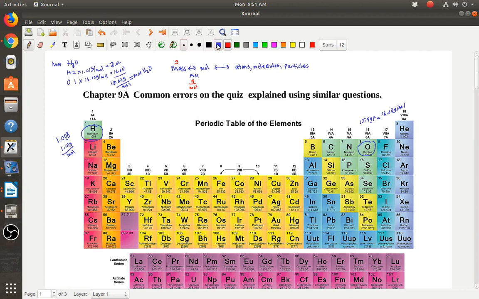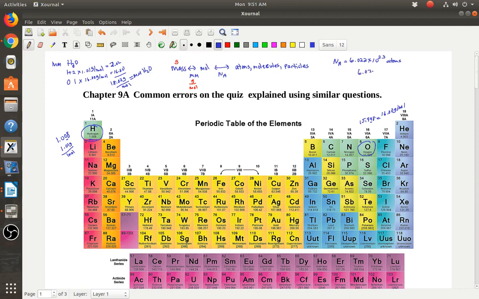Now, to go from moles to atoms, you need Avogadro's number. Avogadro's number is 6.022 times 10 to the 23rd. Then that's going to be atoms or molecules or particles or anything like that. So the conversion factor using Avogadro's number, and this N_A is the abbreviation. It is not the number. It just stands for what the number actually is.